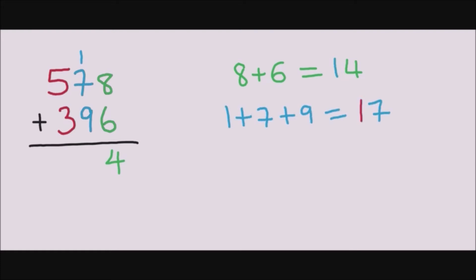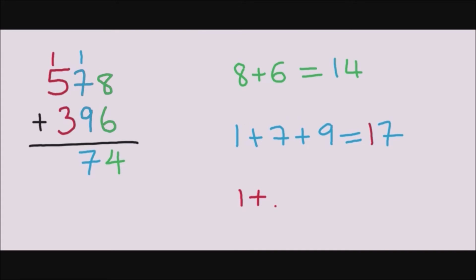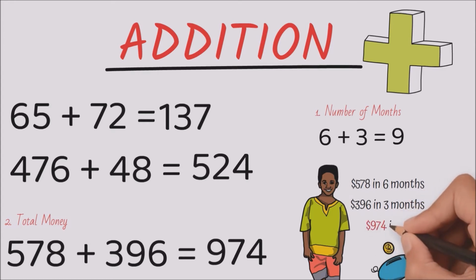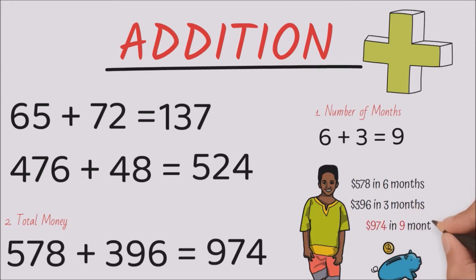So we write 7 and carry 1 over to the hundreds column. And finally, 5 plus 3 plus 1 is 9. So the sum of 578 and 396 is 974. So Rory saved a total of $974 over a period of 9 months total.